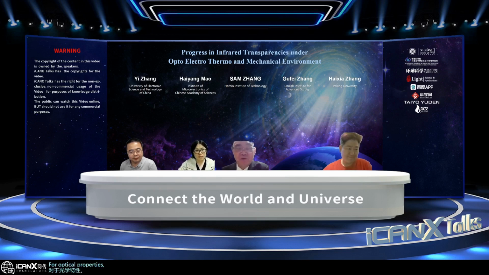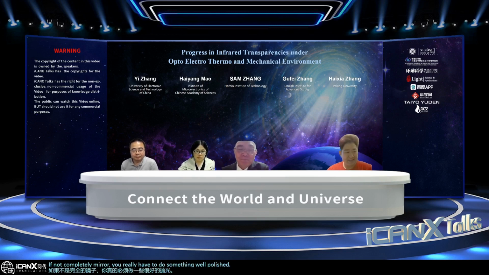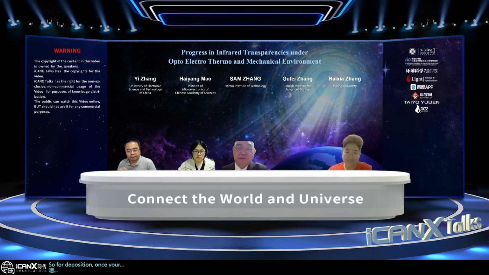For optical applications, you always want a mirror surface. If not completely mirror, you really have to have something well polished. So for deposition, once your substrate is a mirror surface, then the deposition will follow. The good thing is, for optical coatings, the coating thickness, luckily, is just in nanometers.